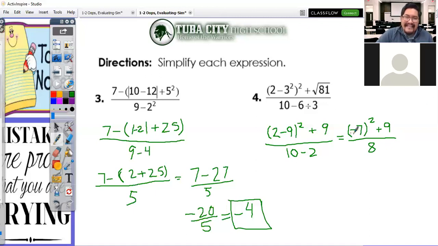But in this case, this is -7 times -7. So again, inside the parentheses is the negative also, because 2 minus 9 is -7, so it goes in there. If it's not in there, then it's not included in the exponent. So negative times negative is positive, and 7 times 7 is 49.